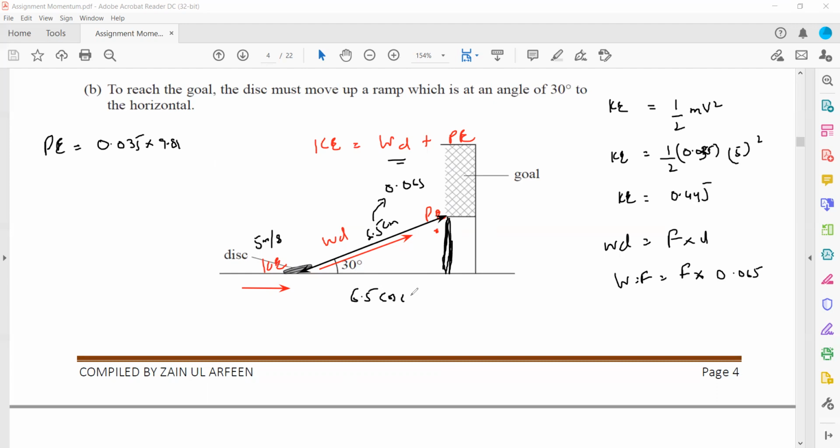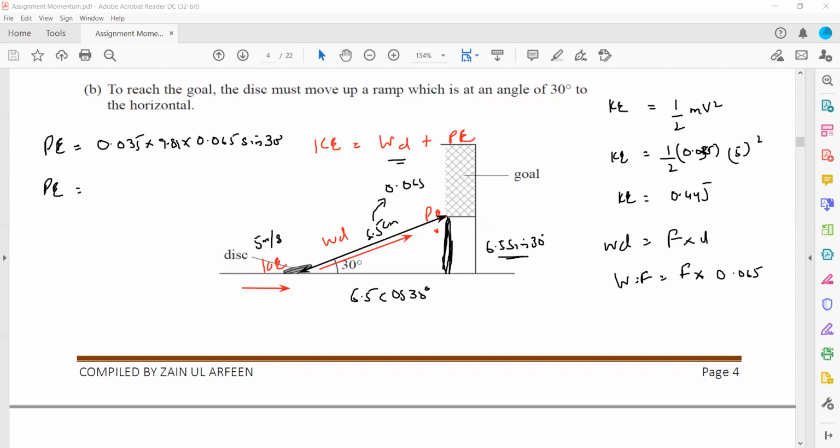The component with the angle is 6.5 cos theta, and the one against the angle is 6.5 sine theta. So the height is 6.5 sine theta, or you can also say 0.065 sine theta, because it should be in meters. So that is multiplied by 0.065 sine 30.